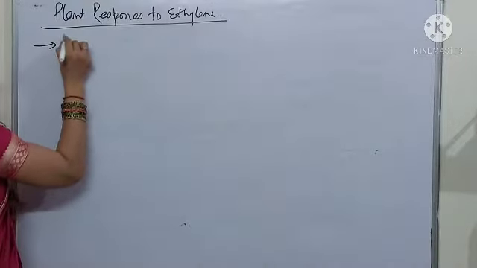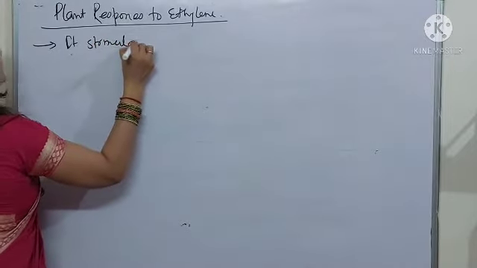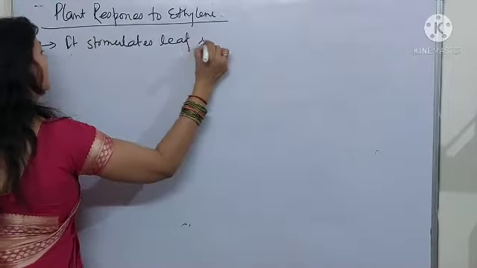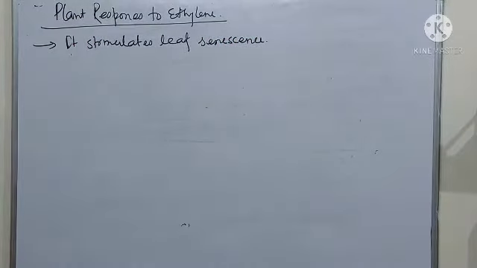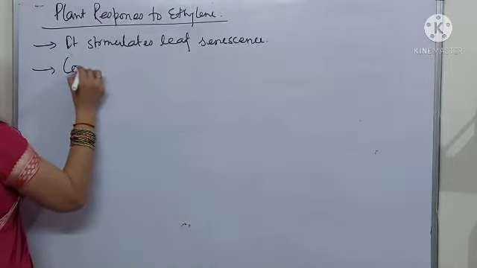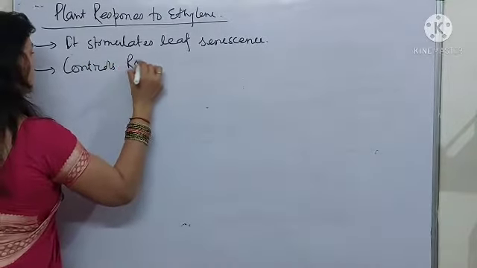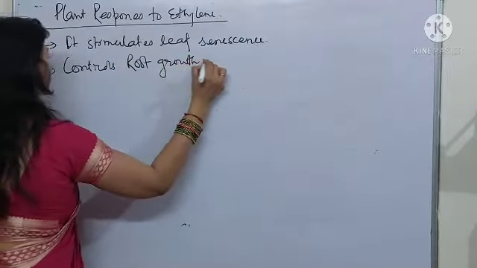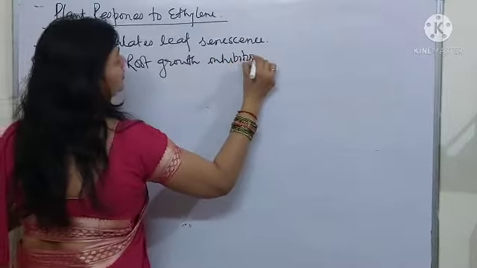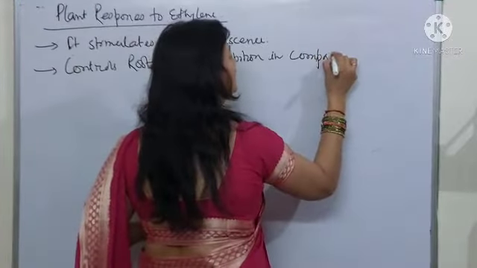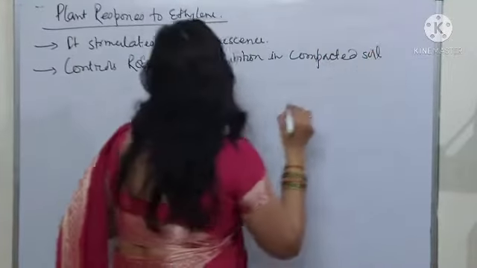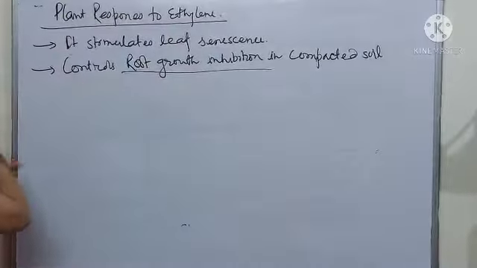First one, it stimulates leaf senescence. The second one is it controls root growth inhibition in compacted soil. जो compacted soil है उनमें root growth के inhibition को क्या करता है? कंट्रोल करता है.